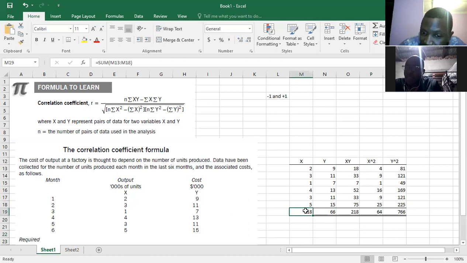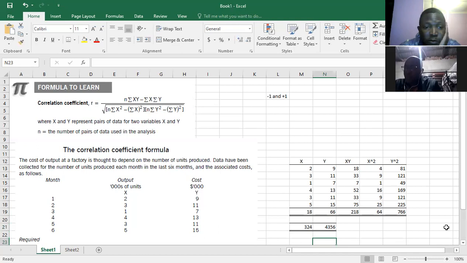So when you square the summation of X, we will need this as well. Same with summation of Y, squared. So we need these two, so don't forget to do that.